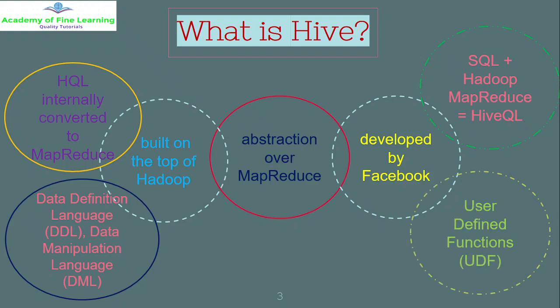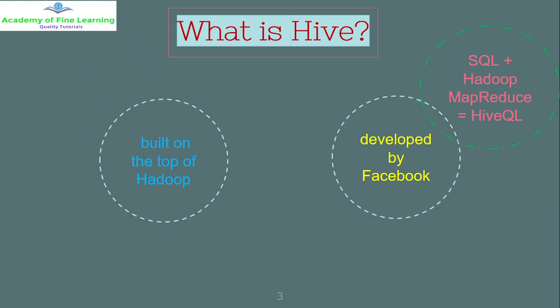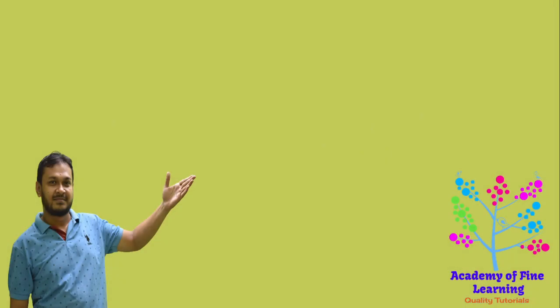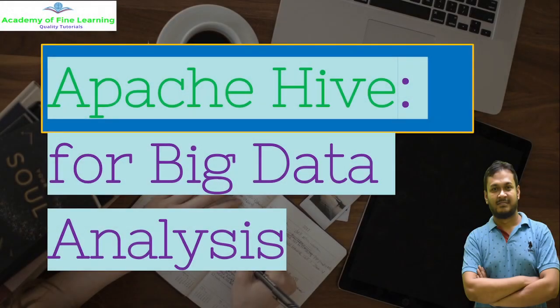I have tried to provide all the basics. So we'll go through the HQL and its components in the next session. If you have any doubt, you can put it in the comments. Thank you.